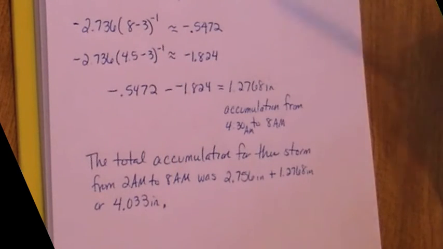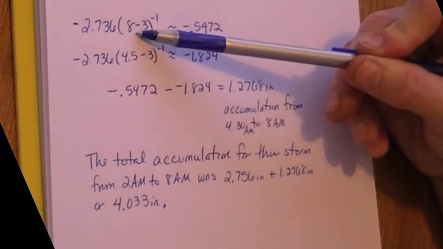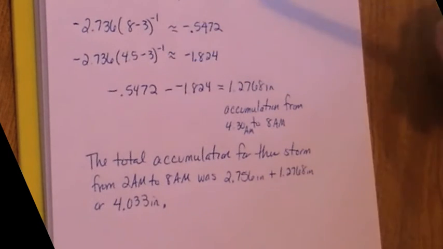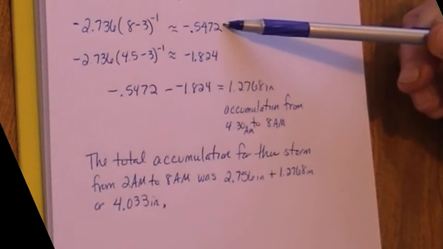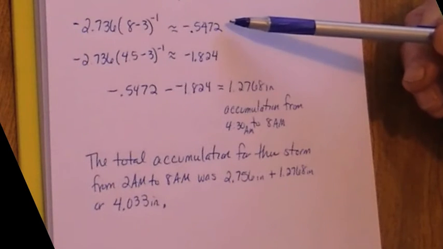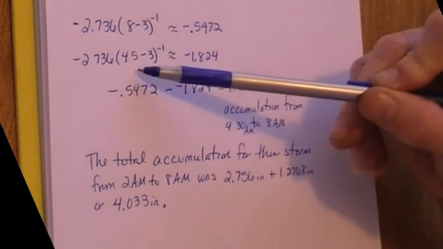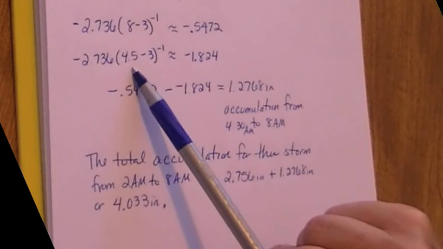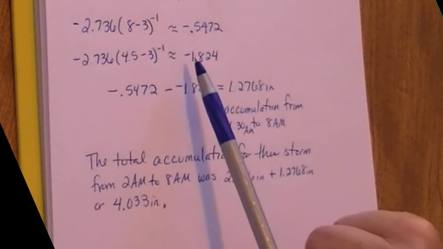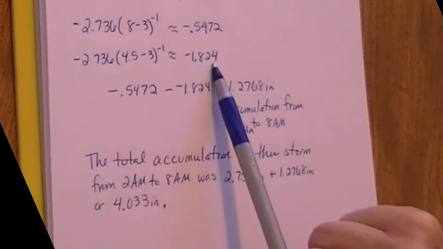I now plug in my limits, so that's why we've plugged 8 in. When you plug the upper limit of 8 in, you get negative 0.5472. Then I'm going to also plug in my lower limit of 4.5. When I do so, I get negative 1.824.